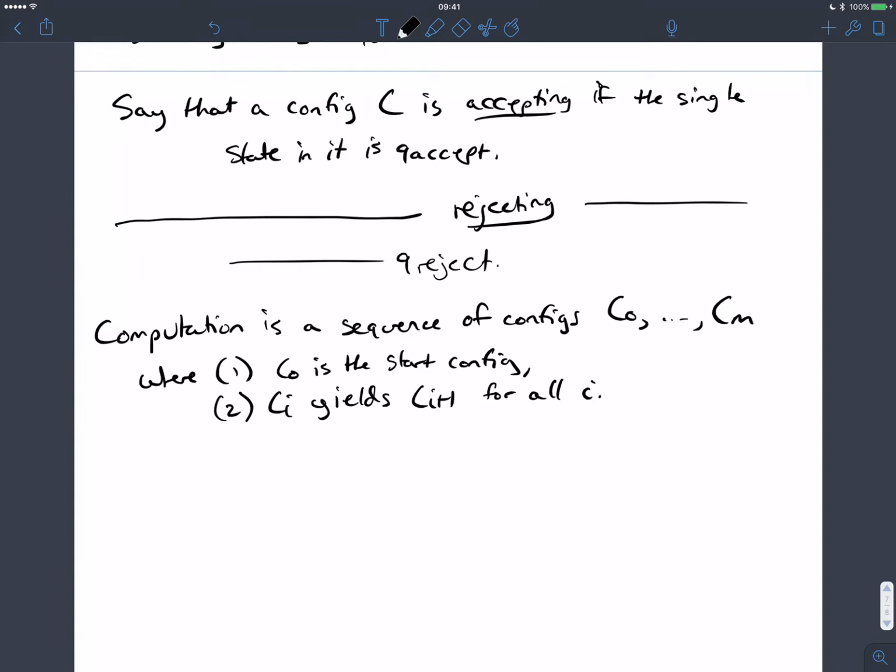But let's assume it does. Then the computation is unique, yes. And whether it is an accepting computation or rejecting computation is always the same. It's always preset if you have the machine and the string fixed.